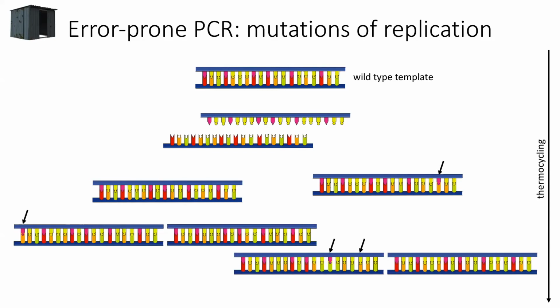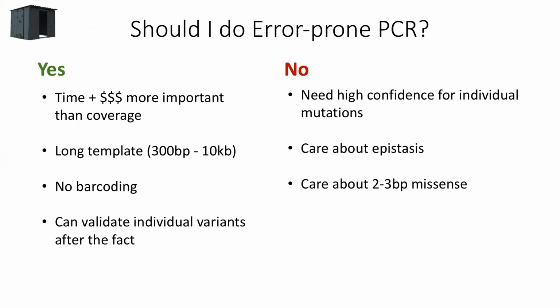And as you go on, you get more and more errors. And what is depicted here is that you'll end up with a distribution of errors where some molecules are going to contain no mutations, and some molecules are going to contain many mutations, and then you'll have a distribution in between there.